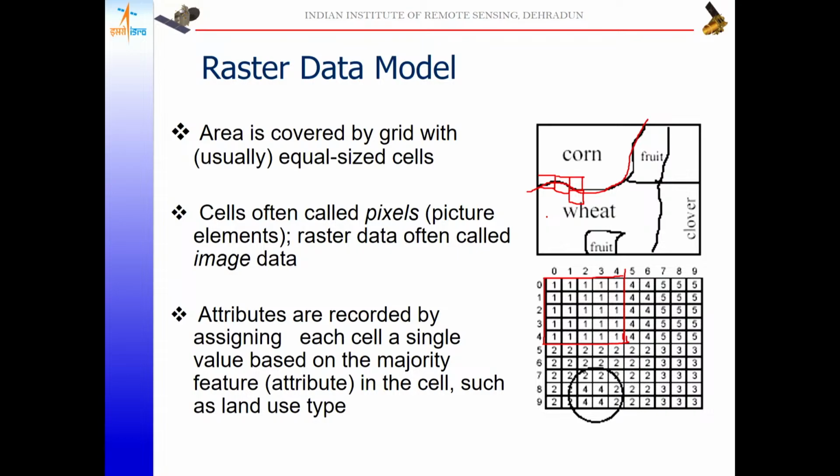Another drawback in case of raster data model is areal representation. Areal means area wise representation. For example, you have a point. For this case which we have discussed, this case is for polygons, you have well understood, I assume. But suppose you have a point feature to be represented in the form of raster. Point feature means point like object on the ground need to be represented in the form of raster.